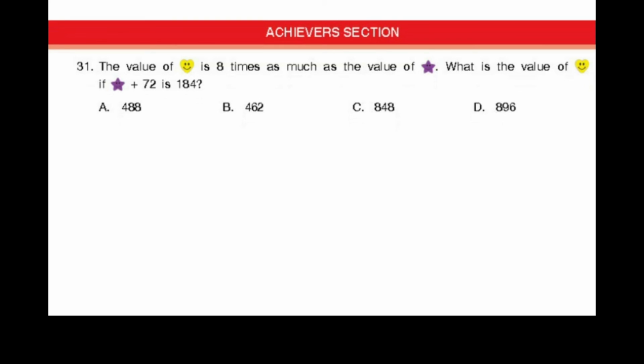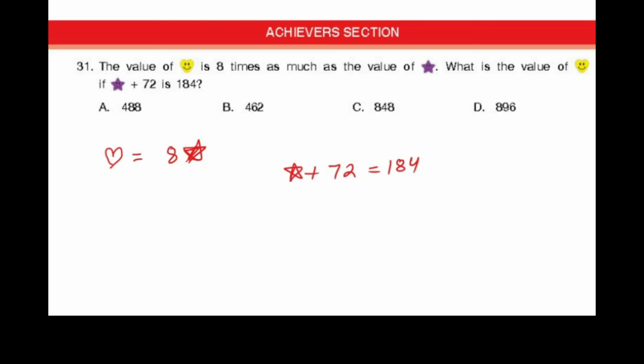Achiever section, question number 31. The value of a smiley heart is 8 times the value of a star. What is the value of heart if a star plus 72 is 184?